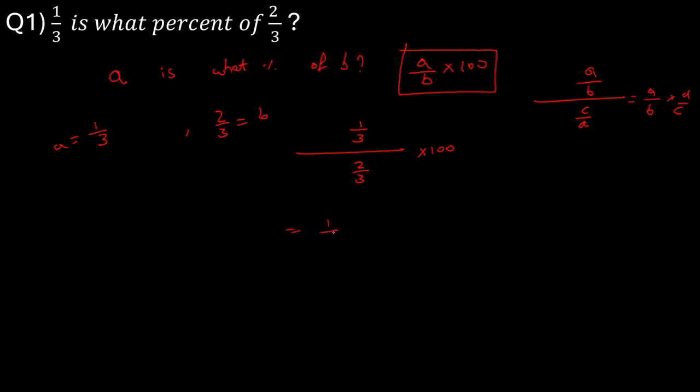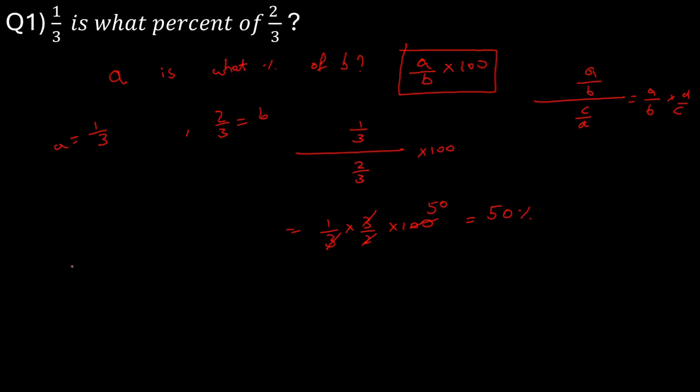So 1 by 3 into 3 by 2 into 100. 3 gets cancelled and 2 fifties are 100. So our answer will be 50%.